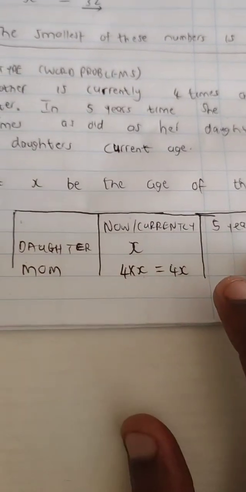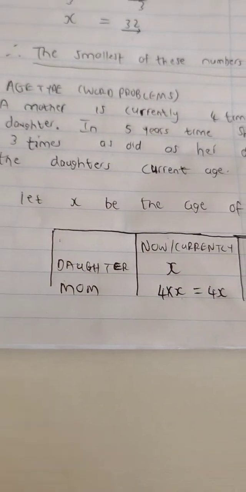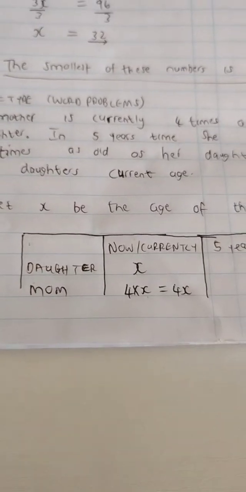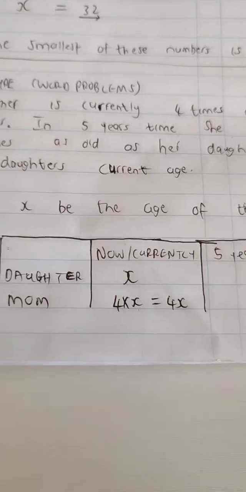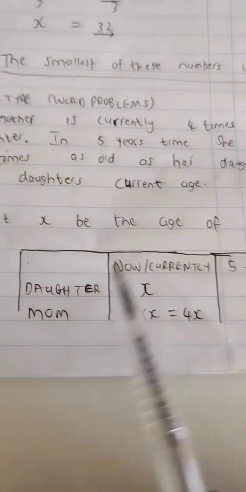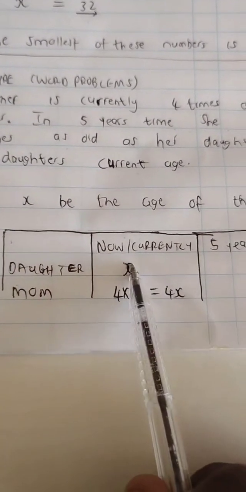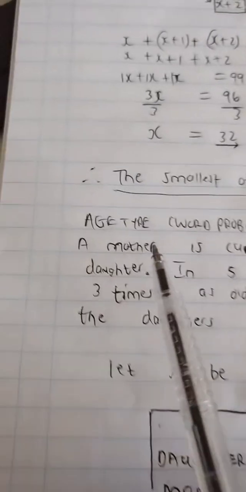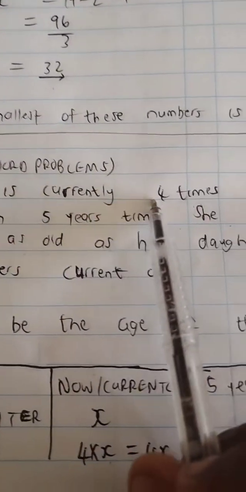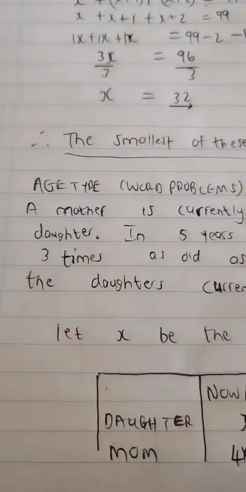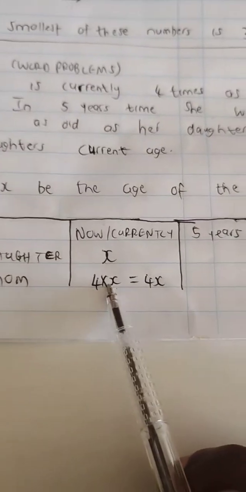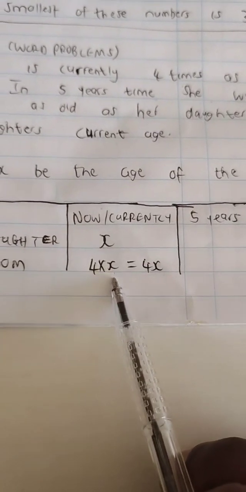I hope so far we are getting the flow of me using a variable to define what I want to find. Daughter's age, X. Mommy's age, since mommy, we are told, is 4 times as old as daughter, then we can say 4 times daughter's age, which is what?